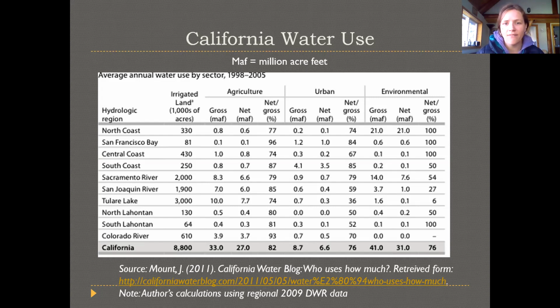So just to get a sense of scale of how many acre feet we're talking about, 12 million acre feet is a lot of water that can have a measurable difference.